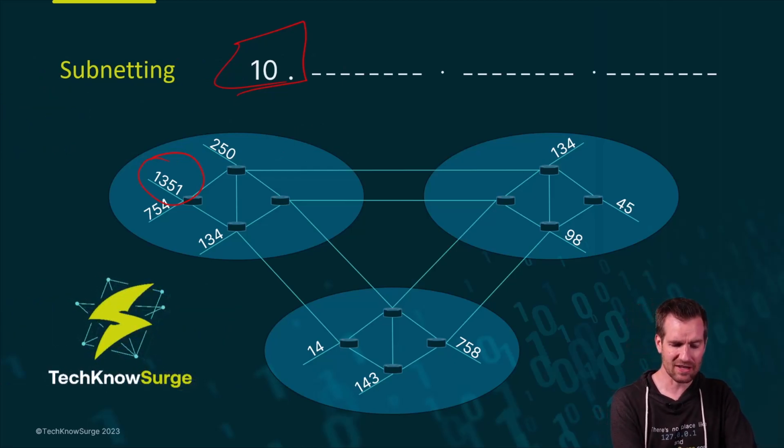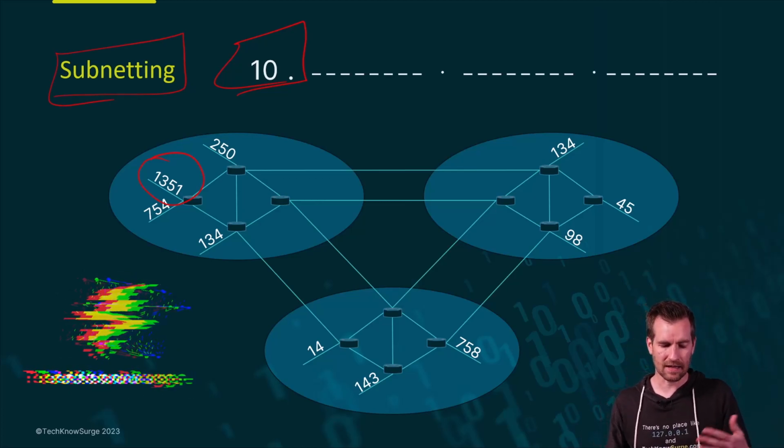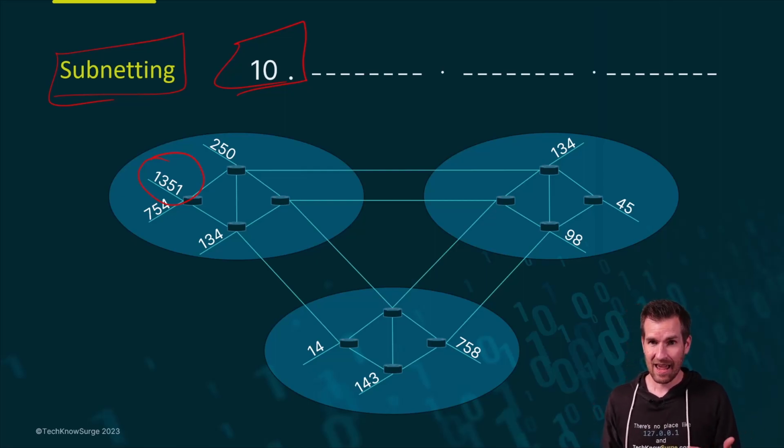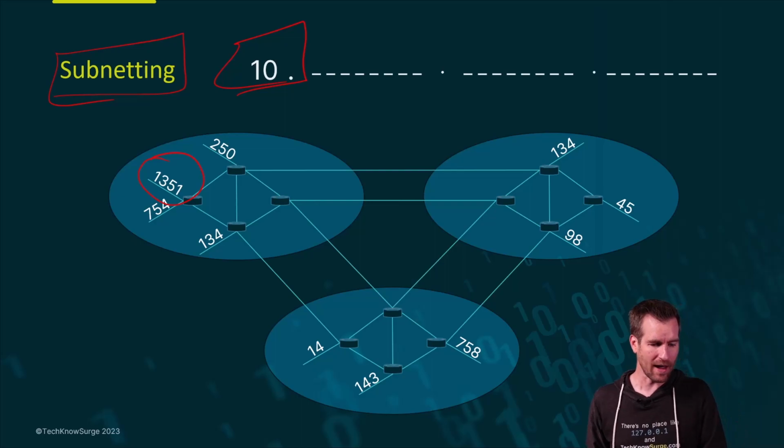I probably could just subnet this using our standard subnetting and have all the ranges being similar. Or maybe there is a little variation there, but I leave some gaps open for expansion in the future. There are several different ways I could go about doing this. Ultimately, there's not really a right and wrong way. There are definitely wrong ways to set up your network, but there are multiple right ways.